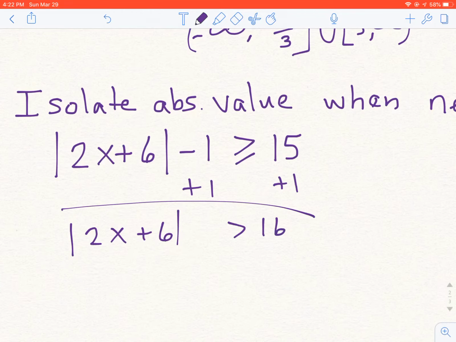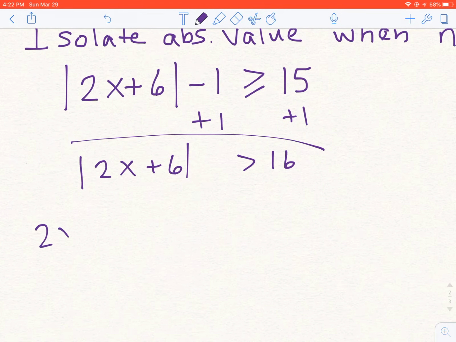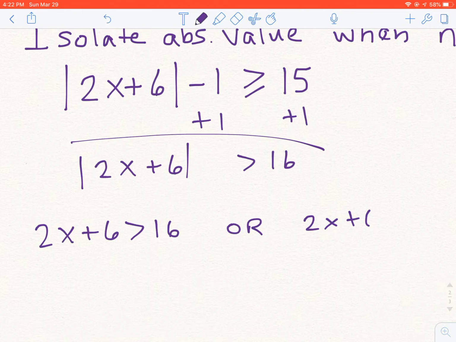Now right here, you should not be doing anything with the stuff inside the absolute values until you get it out. It's really stuck inside there, and until you get it out, you shouldn't be doing any algebra on it. So you really need to rewrite this as 2x plus 6 is greater than 16, or, because it's greater than, 2x plus 6 is less than negative 16.